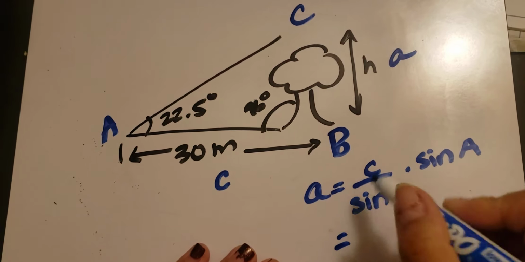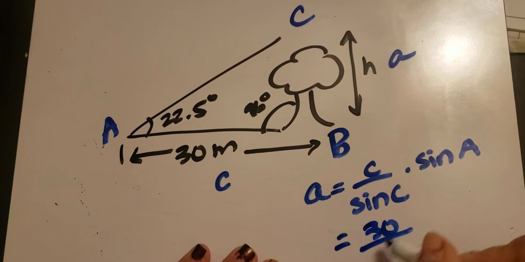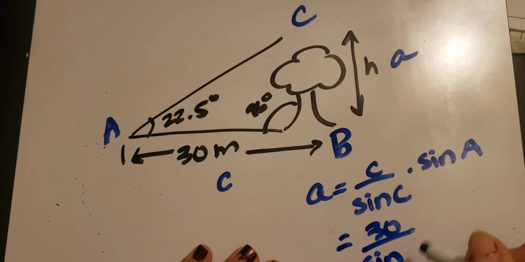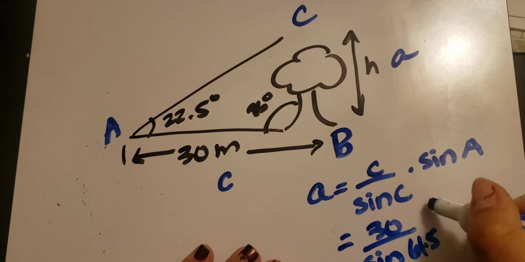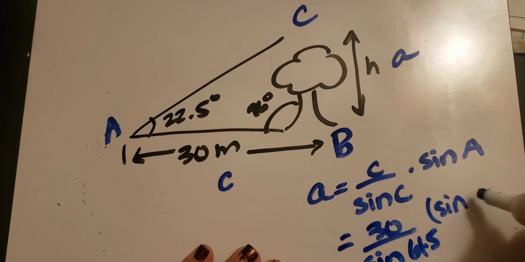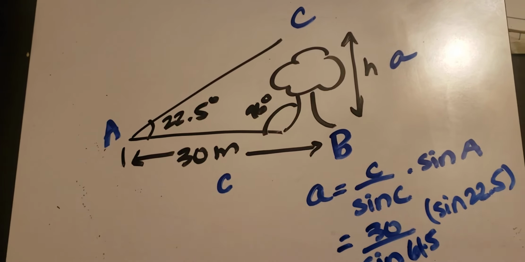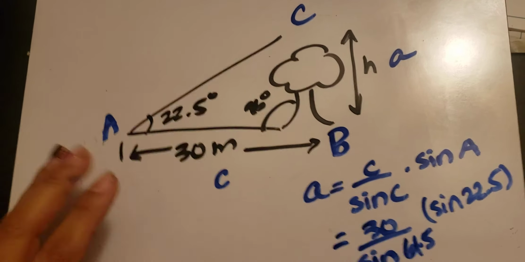So C is 30 over sine of 61.5 times sine of 22.5. And I can just use the calculator to solve for A, okay?